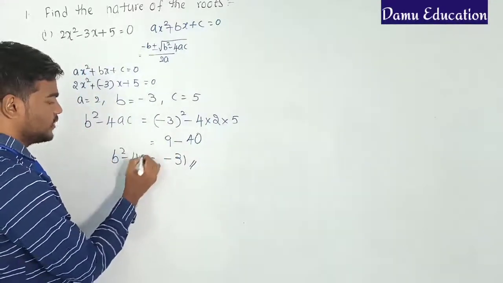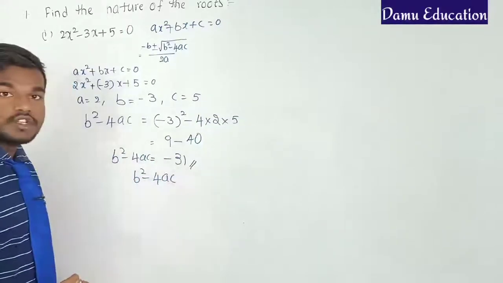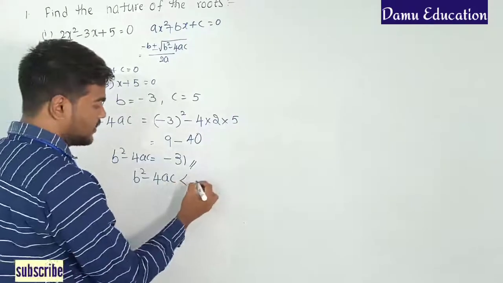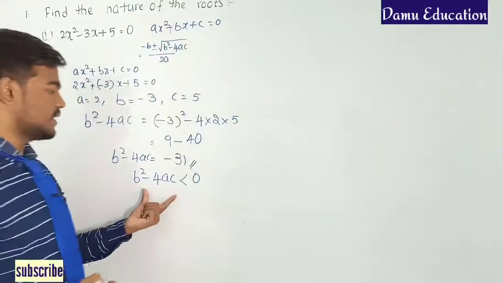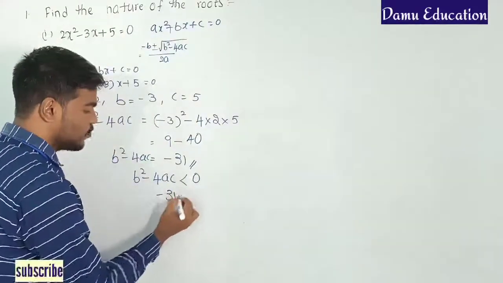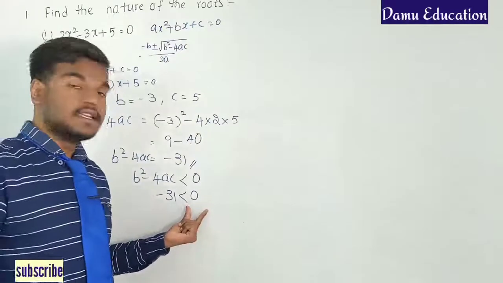So b square minus 4ac is less than 0, that is, minus 31 is less than 0. Negative numbers are always less than 0.